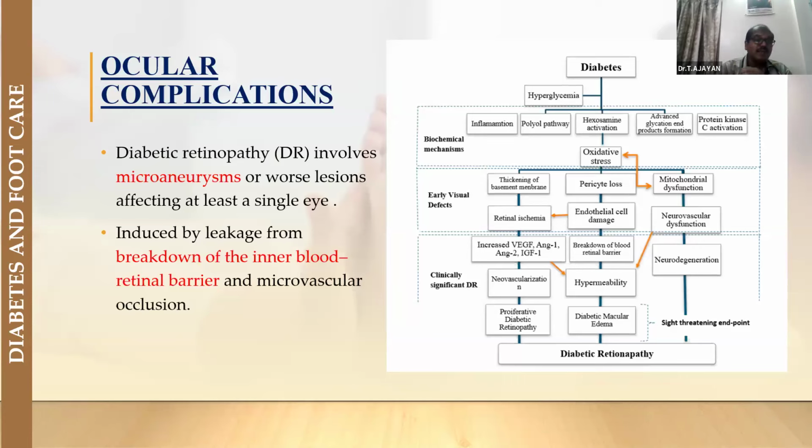There is a dilatation of the small blood vessels. That is a diabetic complication. It worsens the lesion, affecting a single eye. It is induced by the leakage from the breakdown of the inner blood retinal barrier and microvascular occlusion.